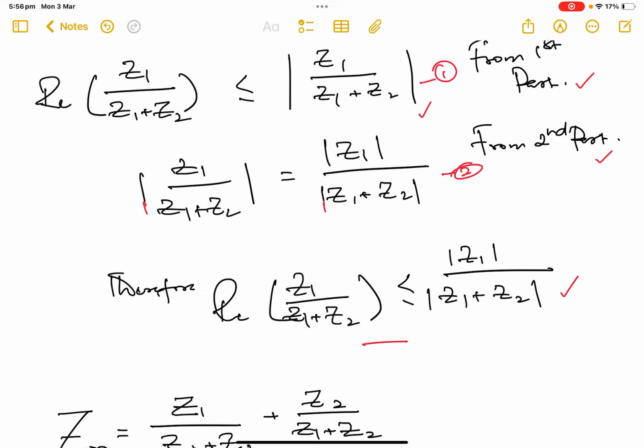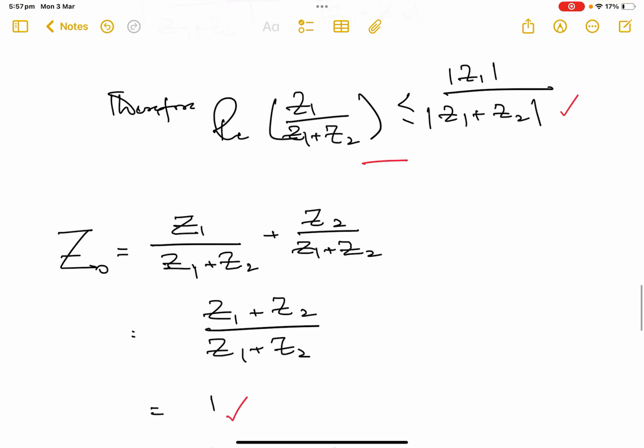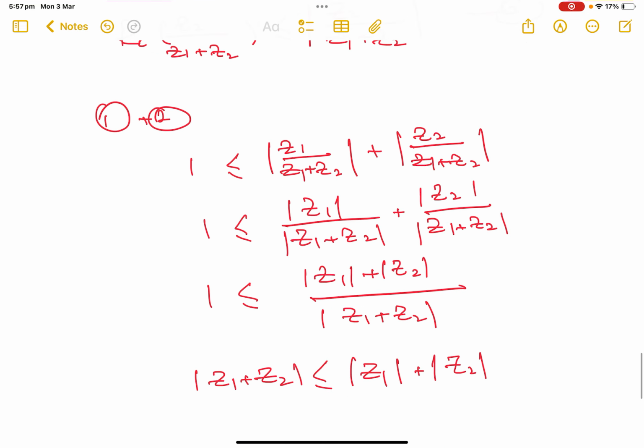If you look at number 2 here, this is a quotient form of a complex. The complete modulus equals the numerator modulus divided by the denominator modulus. So we can separate it: modulus Z1 divided by modulus Z1 plus Z2, plus modulus Z2 divided by modulus Z1 plus Z2.